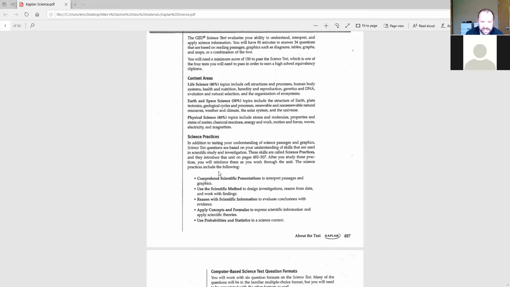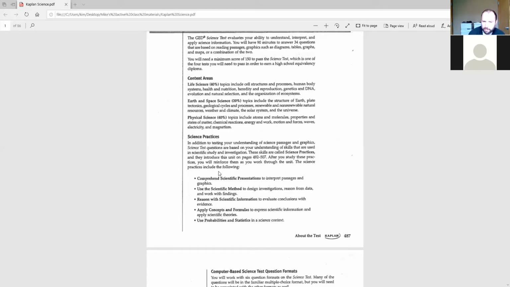Reasoning with scientific information, which is evaluating conclusions and looking at evidence. Applying concepts and formulas, so expressing scientific information and applying scientific theories, not necessarily having these memorized, but just being able to apply them as they're given to you.